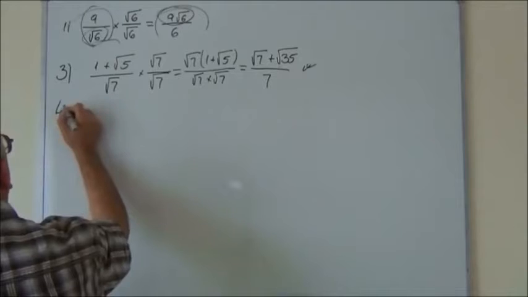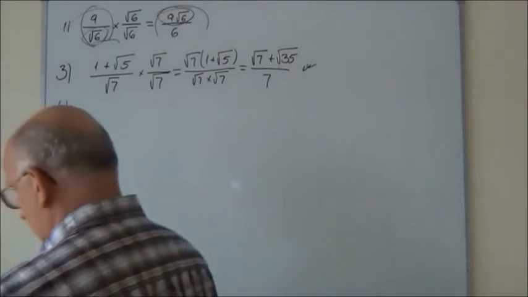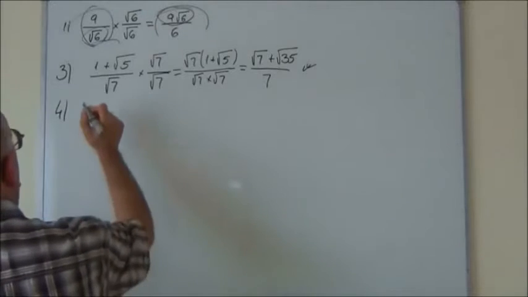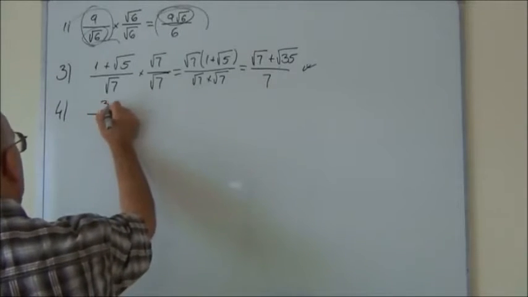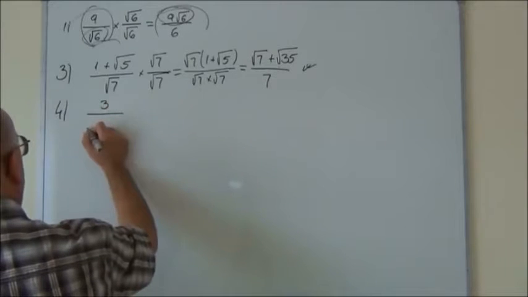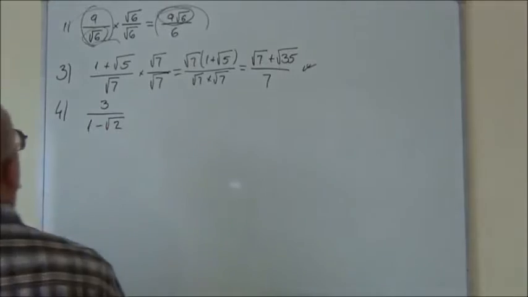But question 4 says to rationalize the denominator of 3 on 1 minus root 2.